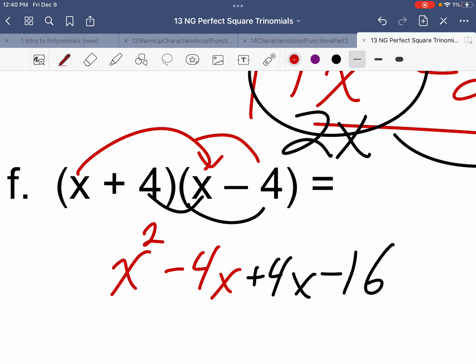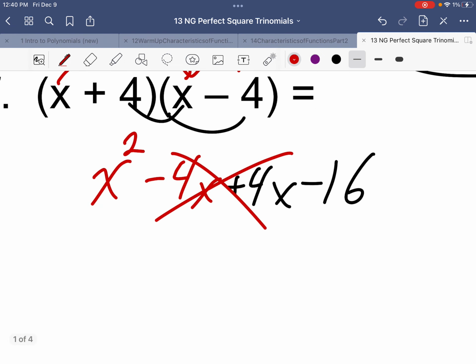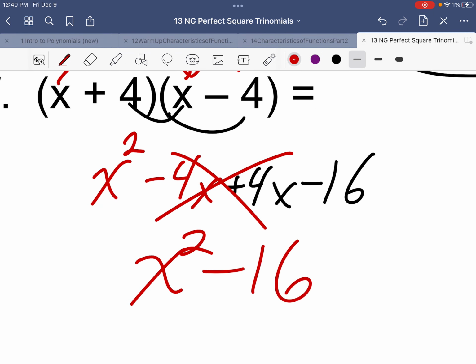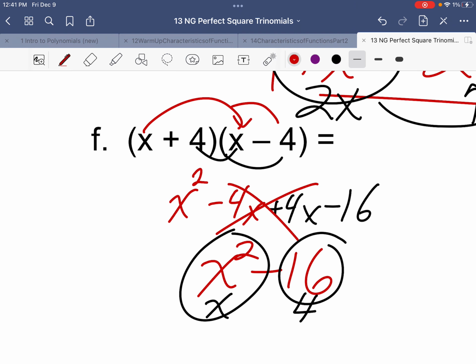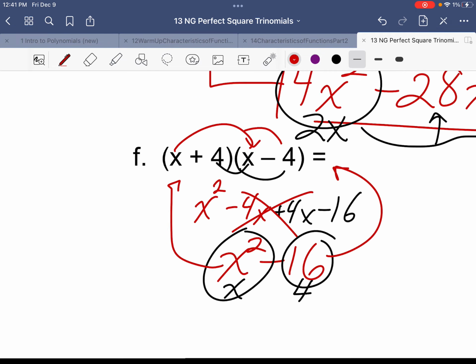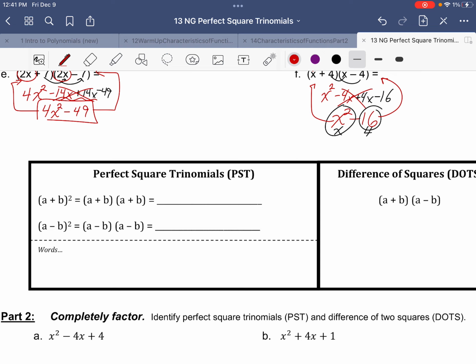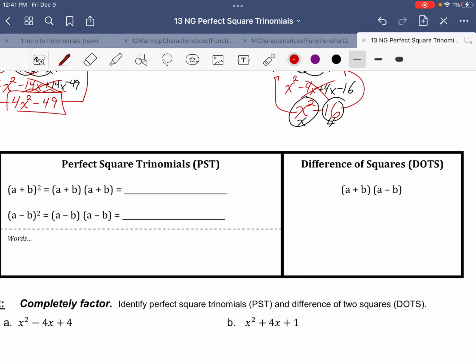Are you already ready just to cancel these 4x's and just write x squared minus 16? That's because this is a perfect pattern. This came from an x. This came from a 4. All we have to do is realize how to turn them back into these factors. And we'll do that by looking down here at our two rules, our two special rules for today.